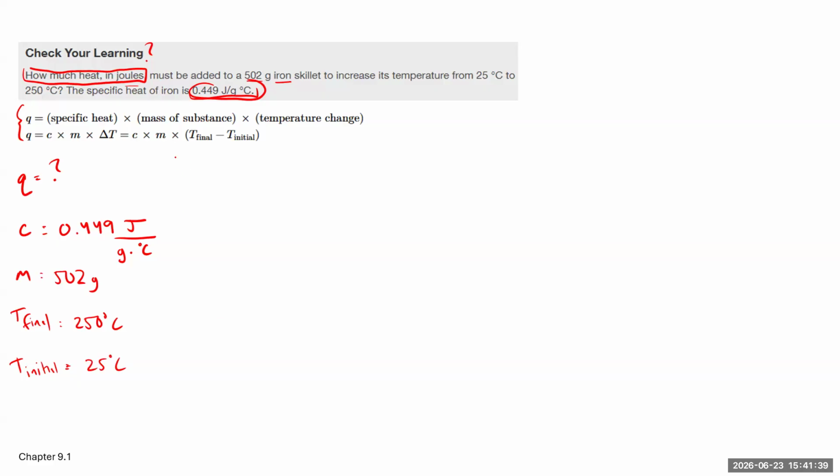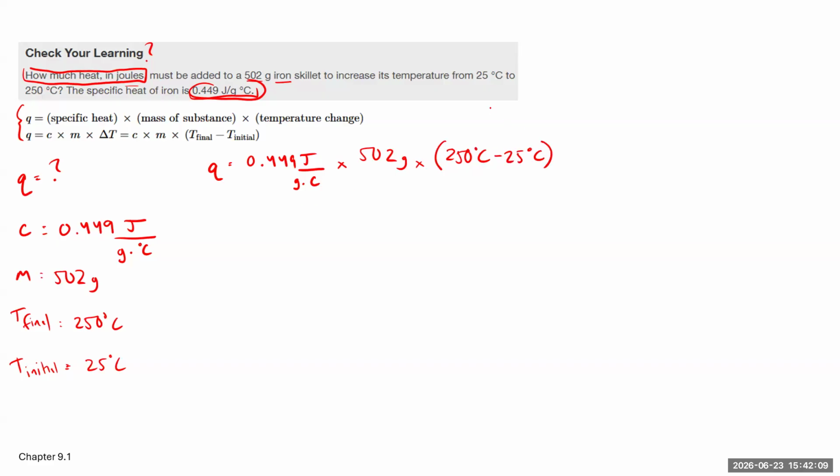All right, let's set this equation up. Q equals C, which is 0.449 joules per gram Celsius times 502 grams times temperature final, 250 degrees Celsius, minus temperature initial.